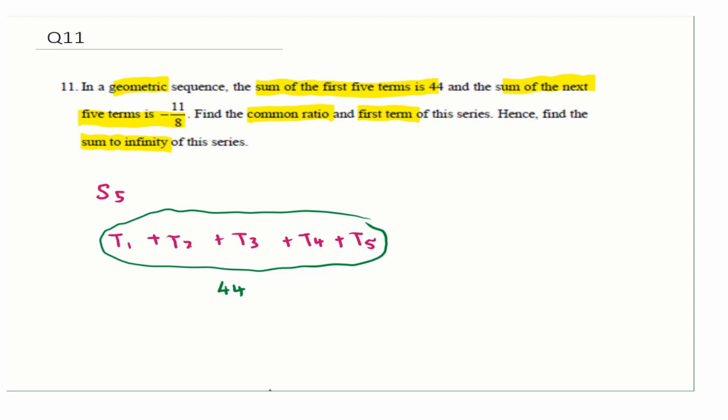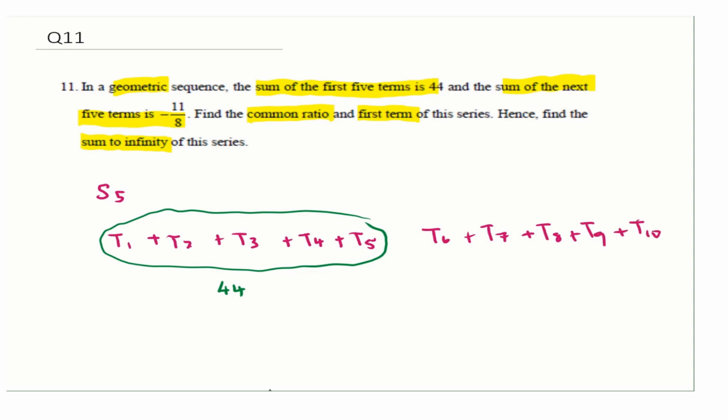Okay, and then the sum of the next 5 terms. The next 5 terms means, since the first group has 5 terms, it must start with T6. After T6 we count 5 terms: T6 is 1, then T7 is 2, then T8, then T9, then T10.